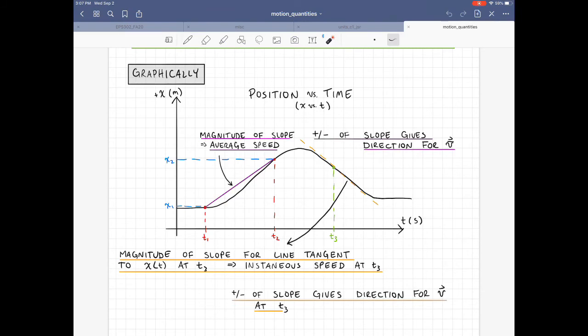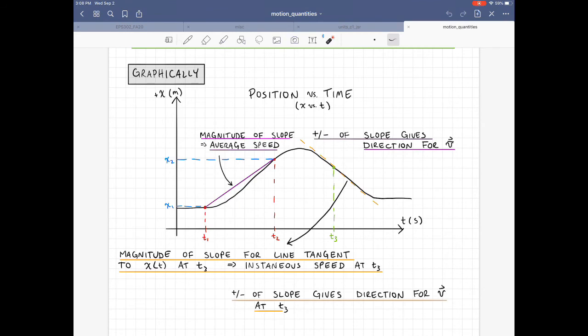Now, what about instantaneous? Well, for instantaneous, rather than taking a time interval, we're going to just select an instant in time, t3, and we want to know what's the velocity at that instant. Well, that corresponds to the slope of the line that's tangent to that point. And so this is where the derivative comes in. You're taking the derivative, which gives you the slope of the tangent line, tangent meaning that it just passes through that one point.